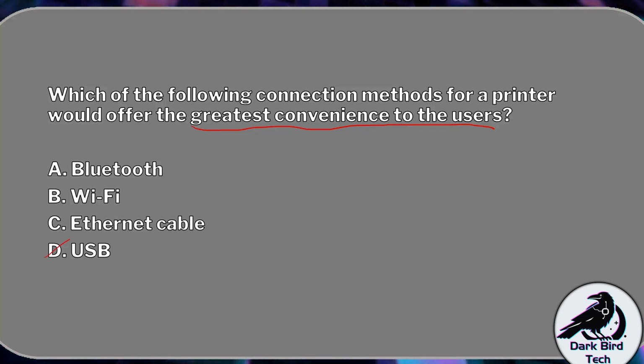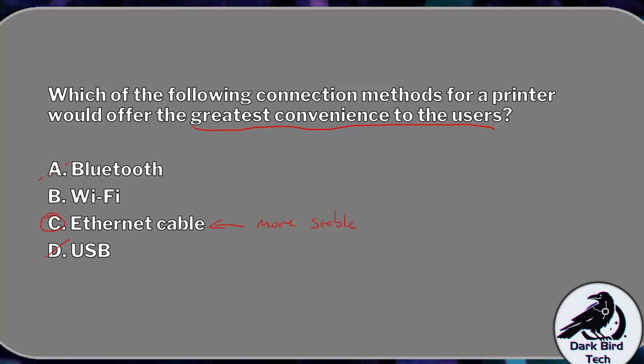Bluetooth, it would kind of be convenient, but you're going to have to go close to the printer then. So I'm not mad about that. Wi-Fi and Ethernet. If the printer does support Wi-Fi and Ethernet connectivity, it can go directly on the network itself. But of these two, I'm going to favor the Ethernet cable because it's more stable than Wi-Fi. And the last thing you need is Wi-Fi performance issues affecting your printing.